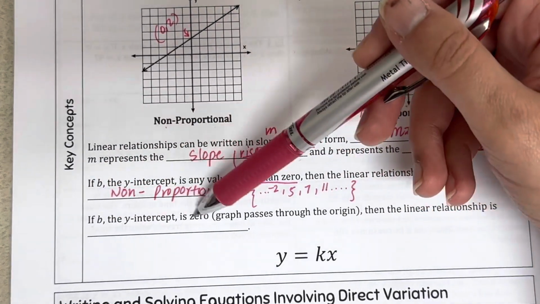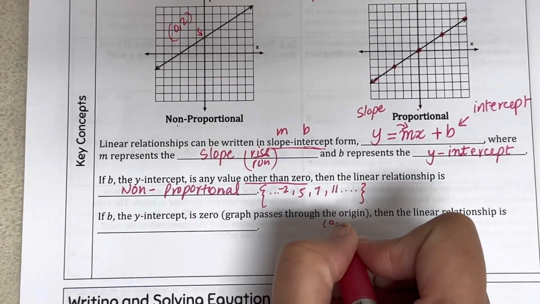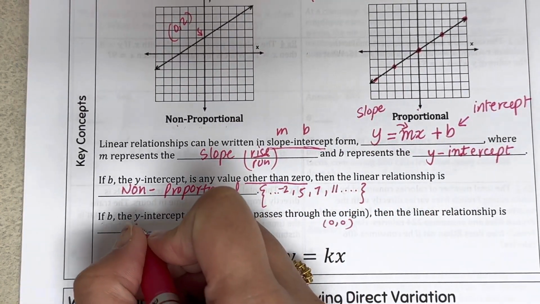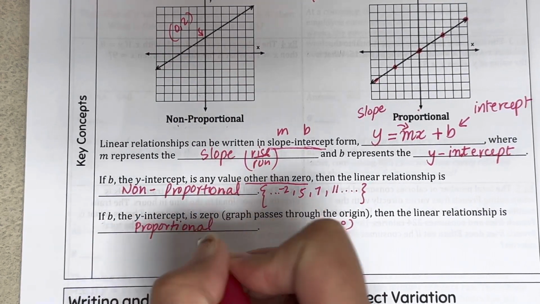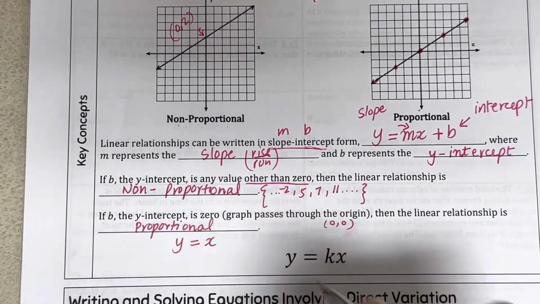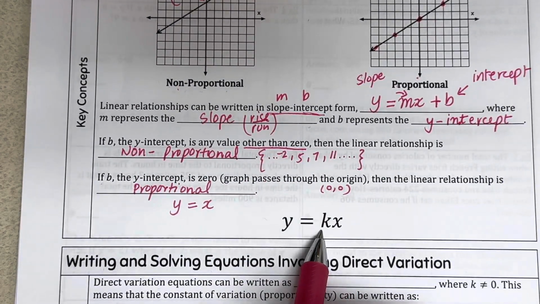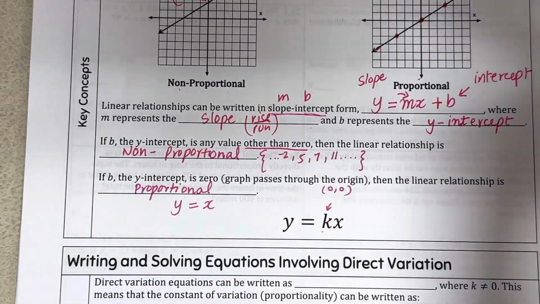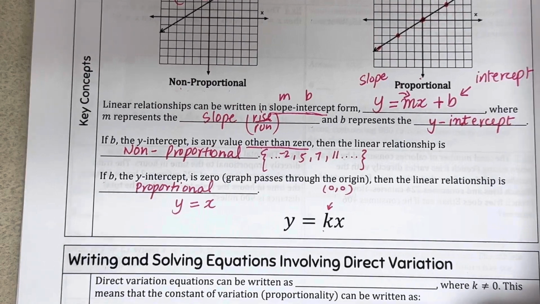If b, the y-intercept, is 0, which is the origin of the graph, (0, 0), this is called proportional. Proportional means every y value is the same as x value, but there could be a constant of proportionality over here, which is also known as k.